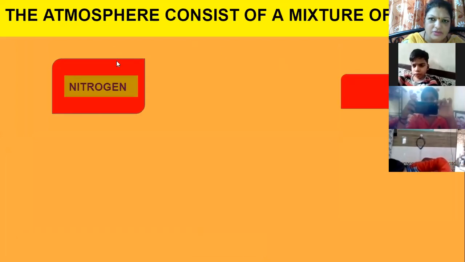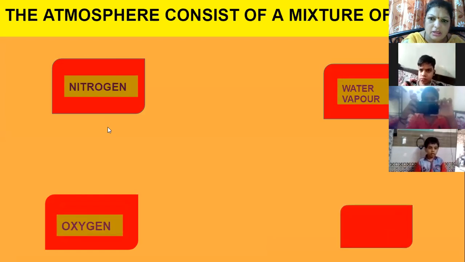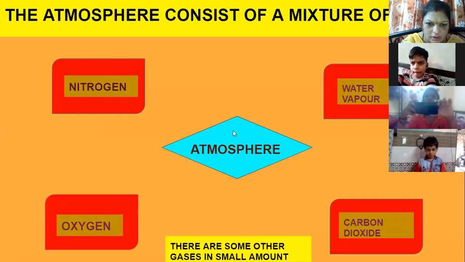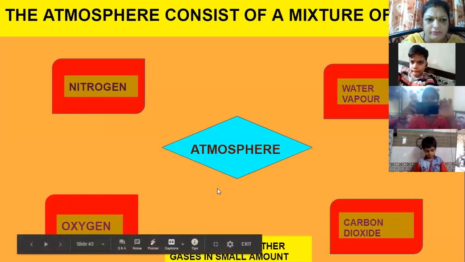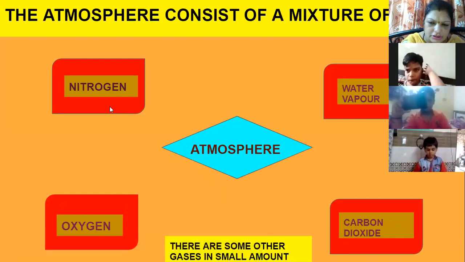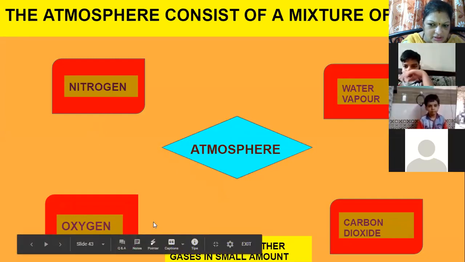Now, we are studying about atmosphere. Atmosphere means the layer of air. So this atmosphere consists of which gases? The atmosphere consists of nitrogen, oxygen, carbon dioxide, and water vapor.